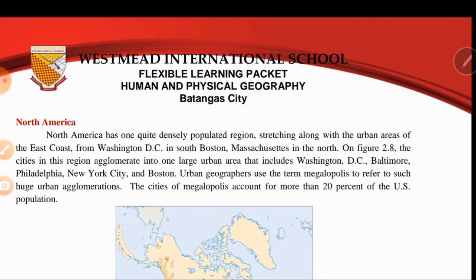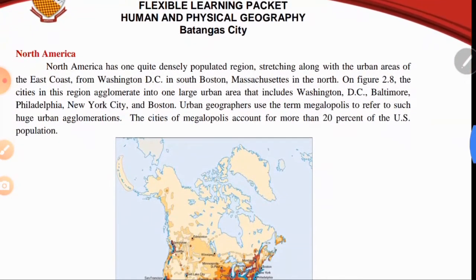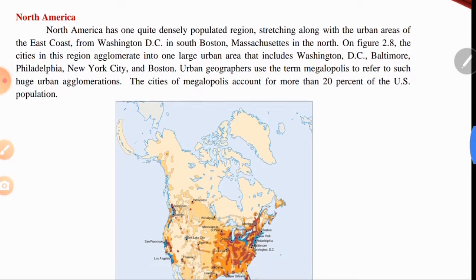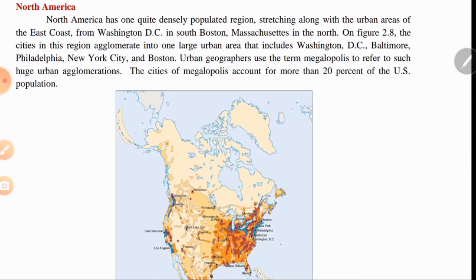Then North America has one quite densely populated region stretching along the urban areas of the East Coast from Washington, D.C. to Boston, Massachusetts in the north. On Figure 2.8, the cities in this region agglomerate into one large urban area that includes Washington, D.C., Baltimore, Philadelphia, New York City, and Boston.